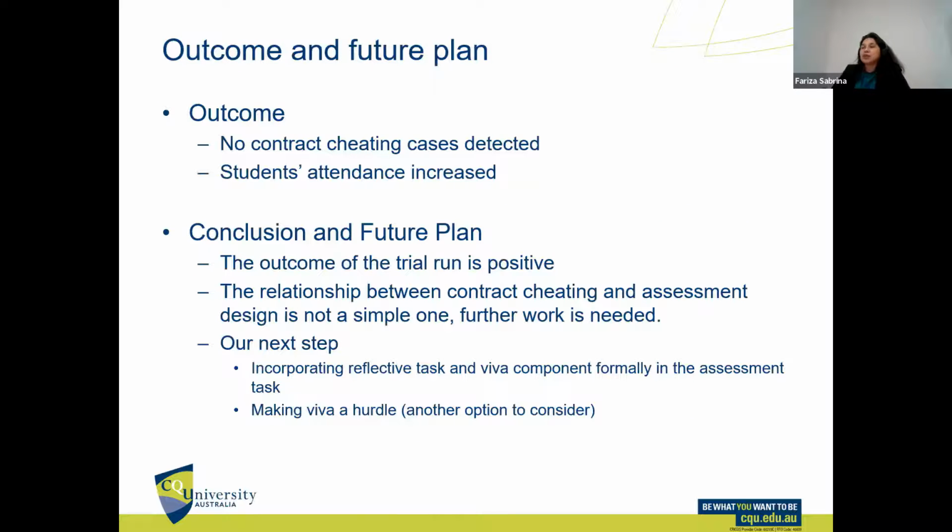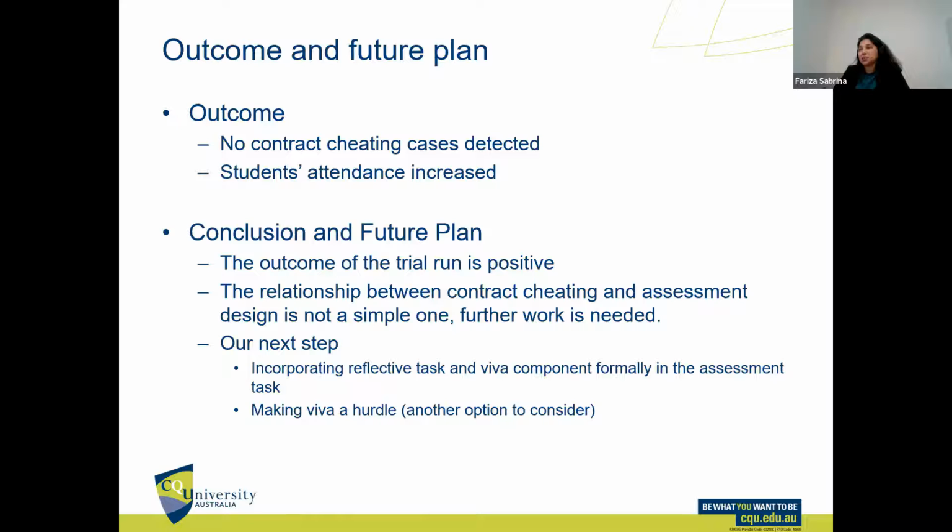So the outcome is, this time we haven't detected any contract cheating cases. For a big class, with over 600 students, that is quite a good outcome. Student attendance also increased in the last 2 weeks. Previously, we noticed that once students submit the final report, attendance decreases.